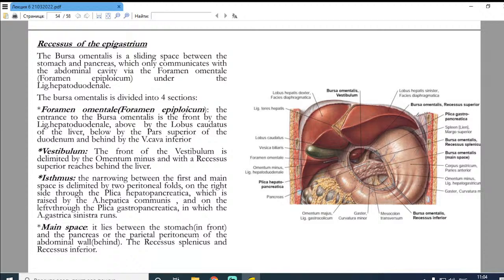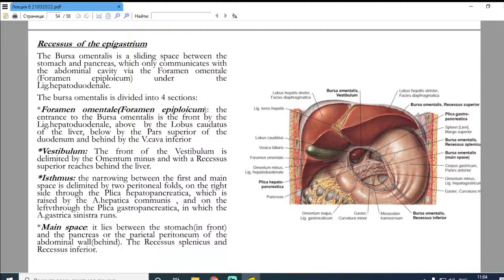It lies between the stomach in front and the pancreas or parietal peritoneum of the abdominal wall behind, with the recessus splenicus and recessus inferior.